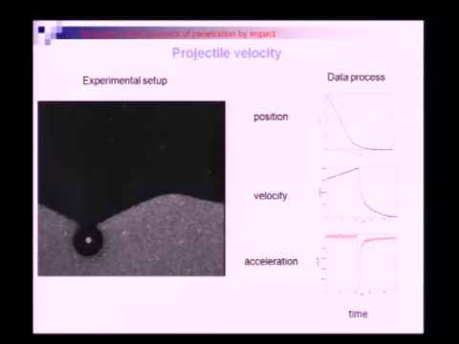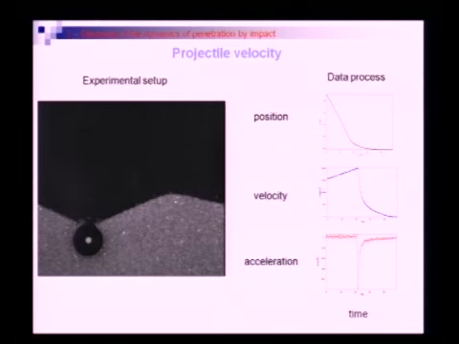The problem is the acceleration is very noisy. And on the velocity, we recognize free fall here, and it's free fall actually, so that's good. And then here there's a decrease of the velocity in the granular medium during time.